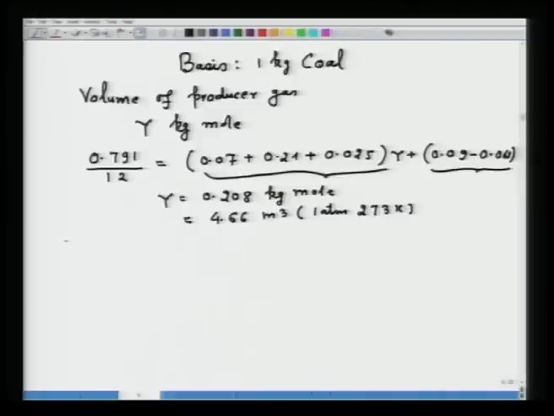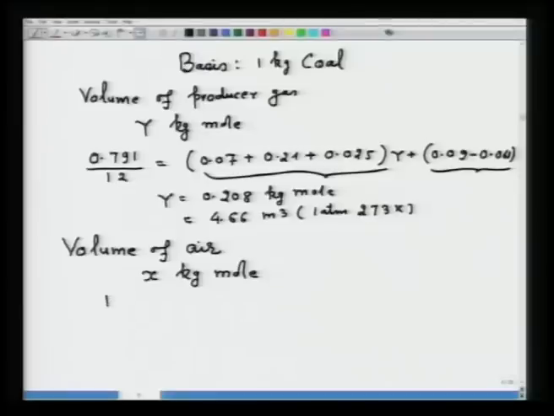Now, I have to find out the volume of air. Since remember here it is moist air, let us say x kg mole is the amount of air. Since air is moist, we have to calculate the composition of air, it is not 79/21.